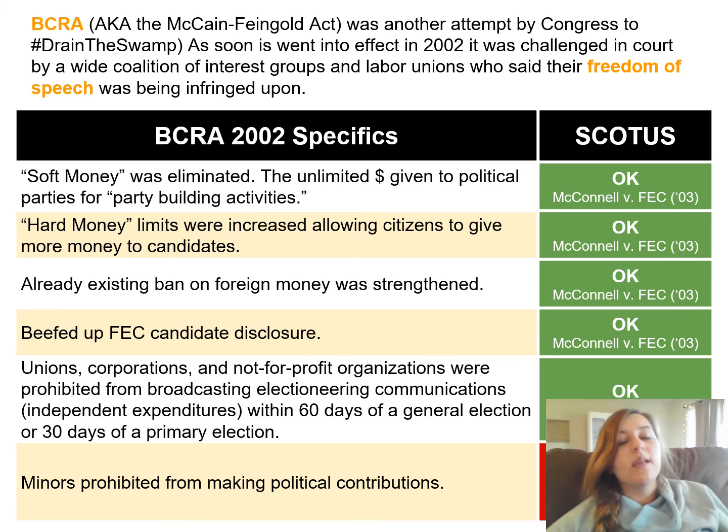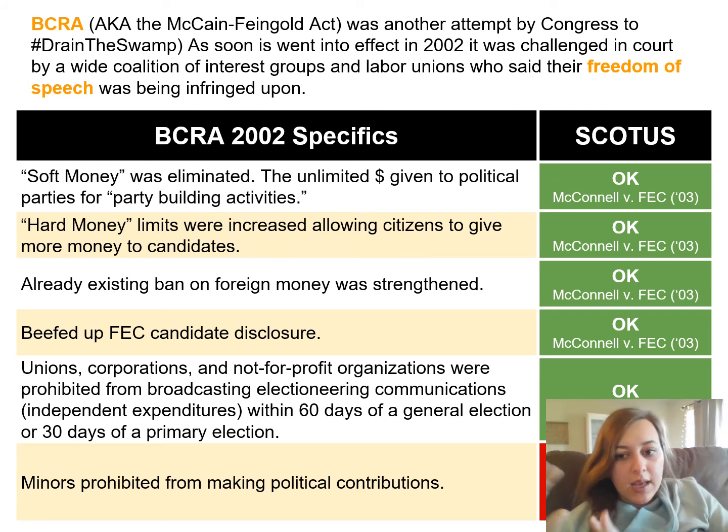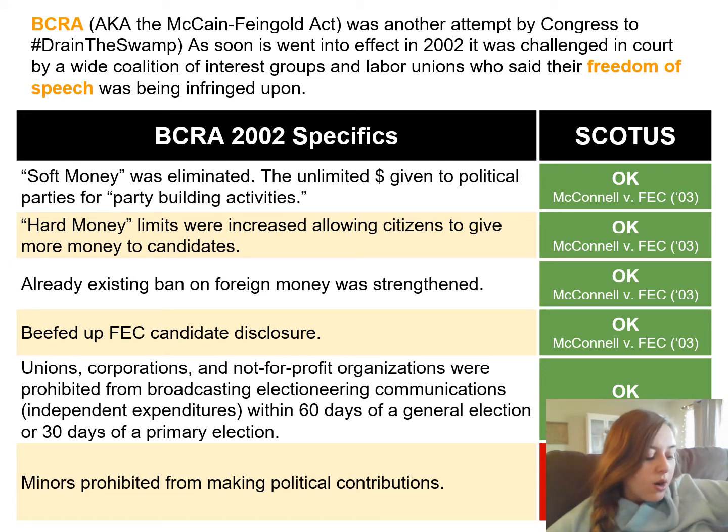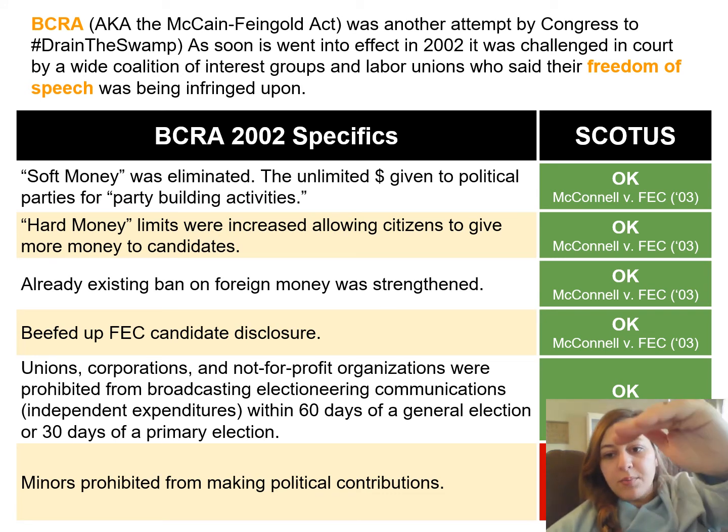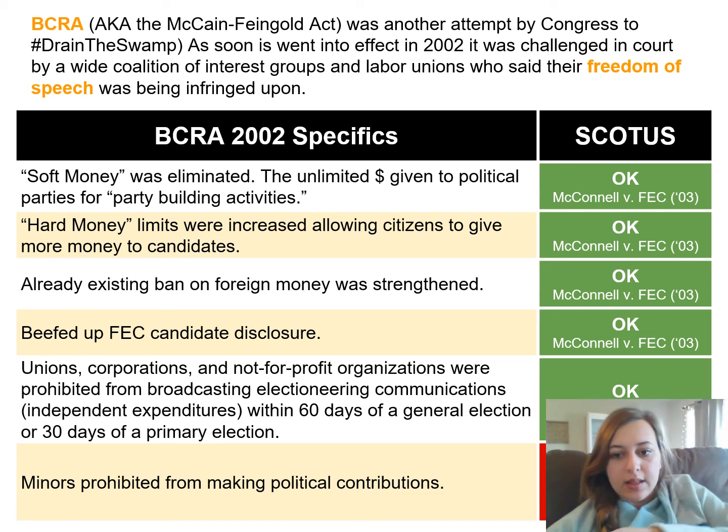This is money that's given to political parties for party building, but all it was, political parties were given money and then they just reallocate it to candidates, and there wasn't a traceable path. It eliminates that. Hard money limits are increased. So that's money given directly to the candidates. Because we eliminate soft money, we allow people to spend more directly with the candidates.